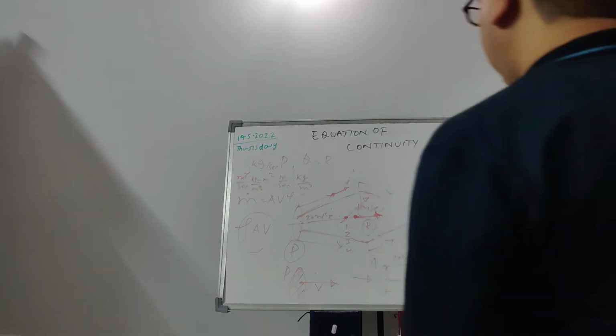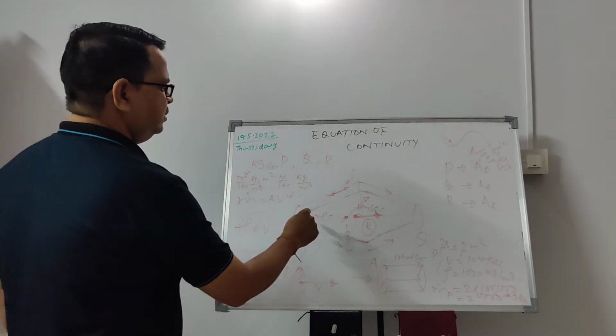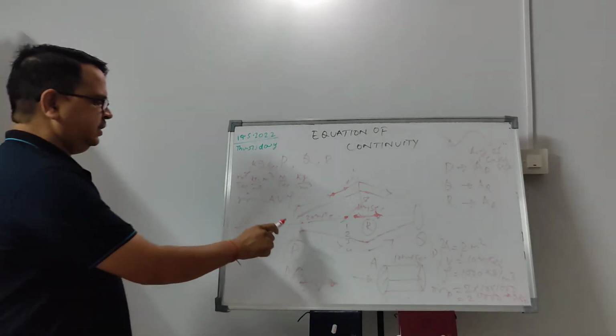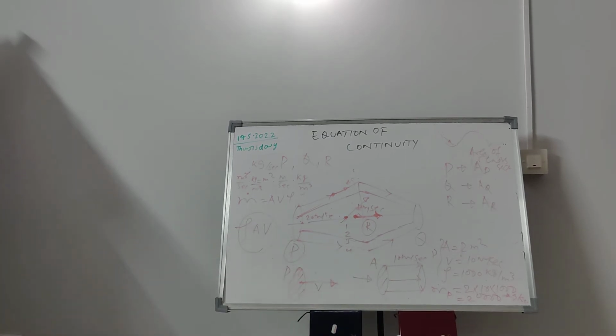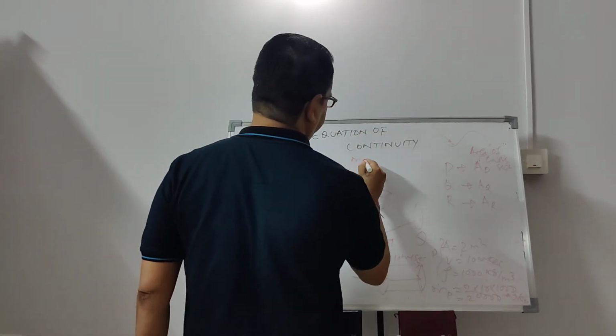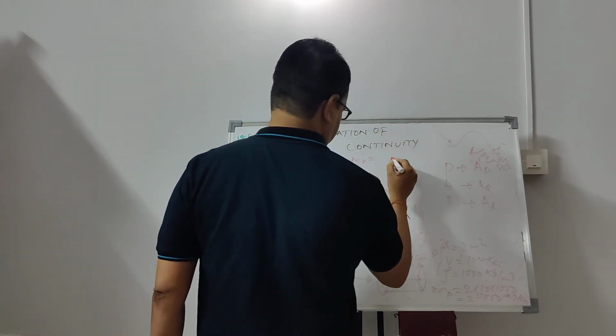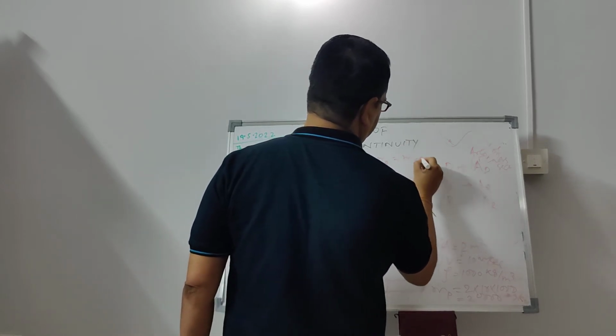So the equation of continuity, what does it say? The mass flow rate at section P, Q and R is the same. You cannot create any mass or destroy any mass. So the mass flow rate mp dot is equal to mr dot is equal to mq dot.